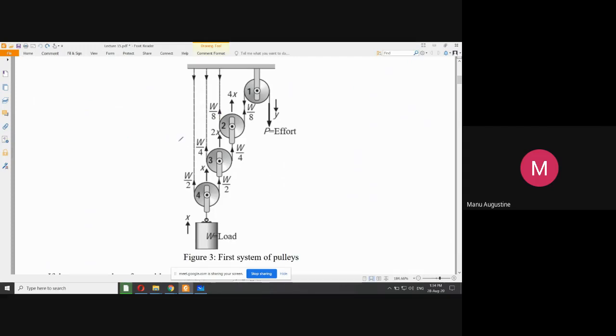But before going to the expression of velocity ratio, we have to understand the construction of the first system of pulleys. See, there is a first system of pulleys, second system of pulleys, and third system of pulleys. But all you have to remember is what is a system of pulleys? It's a way of arranging pulleys and ropes. And in a way, when you pull the rope at one end, the load will get lifted.